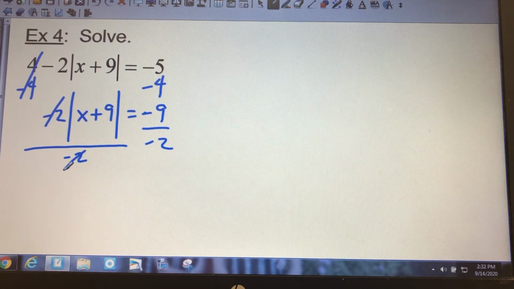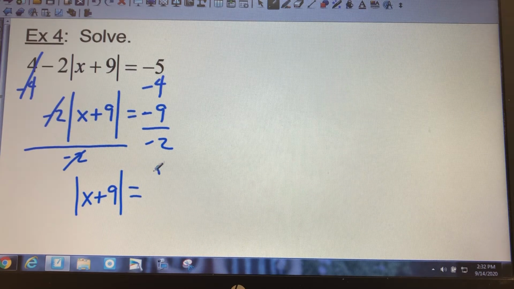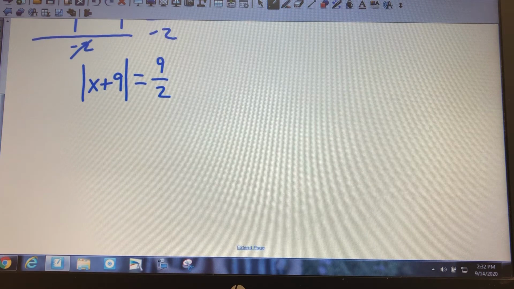You cannot multiply through the absolute value, so it's not like the distributive property. You cannot distribute through the absolute values, is what I'm trying to say there. So this is what we get. We got the absolute value of x plus 9 is equal to 9/2. Now we can set up our two parts, okay?